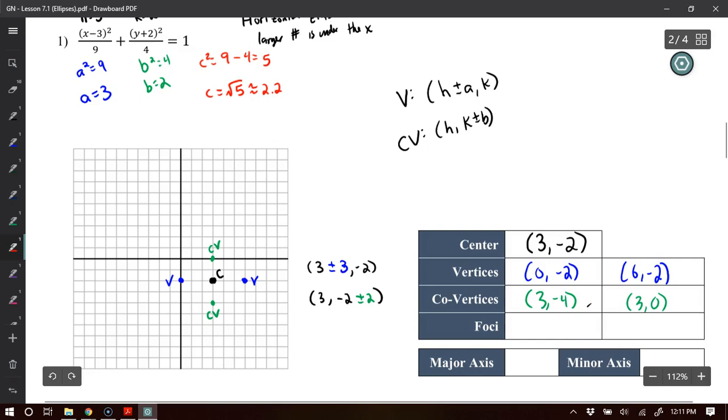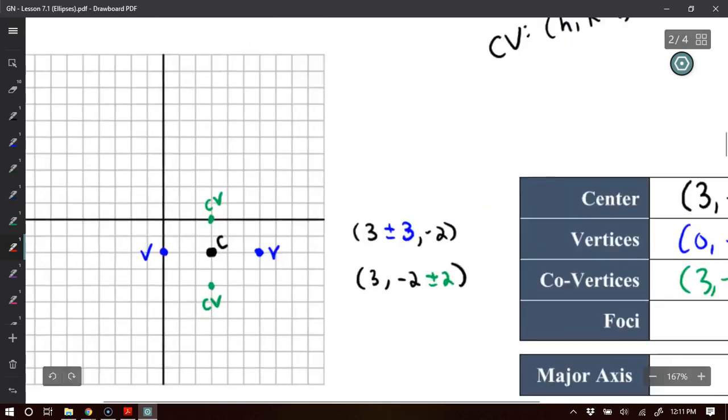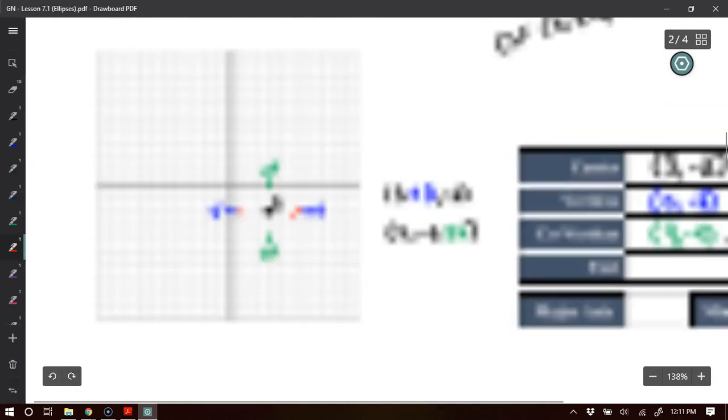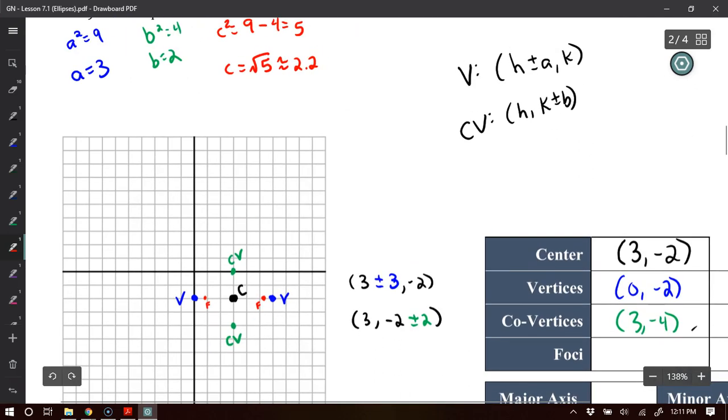Now remember, foci are located on the same axis as your vertices. So I start at the center and I can go to the right 2.2 and I'll approximate it. Here's a focus. I can go to the left 2.2 and here's a focus. So I can plot them, and there's no harm. You have formulas. The formula says it's h plus or minus c, comma k for a horizontal ellipse for the foci.